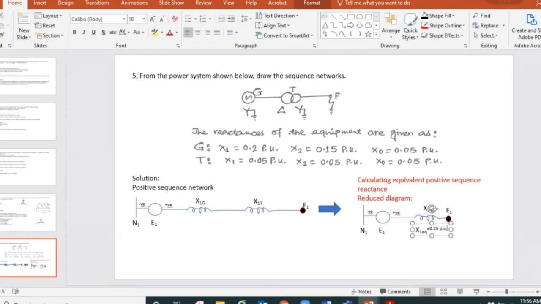Is that clear? So that's the reduced diagram for positive sequence and the effective or equivalent positive reactance shown in the diagram. That is what we have to do in the first place for all of them. Is that clear? Please let me know so we can go to the negative sequence.